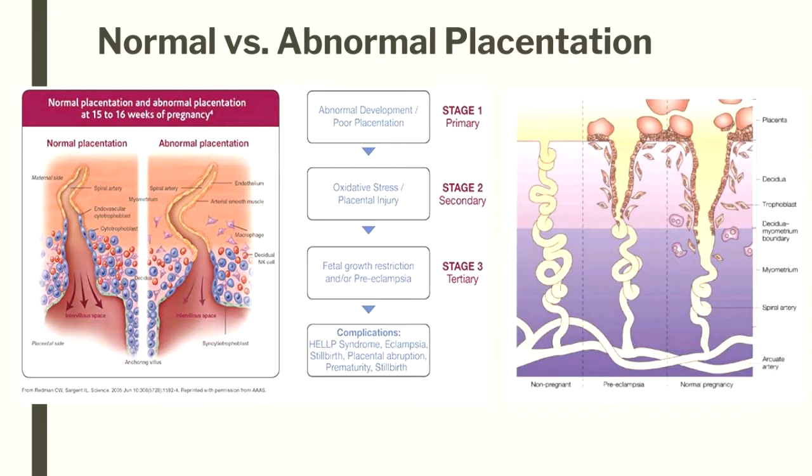So the lining of those blood vessels that are constricted is going to get damaged and vasospasm is going to start to happen. And activation of the coagulation system is going to start to happen as a result of this abnormal placentation.